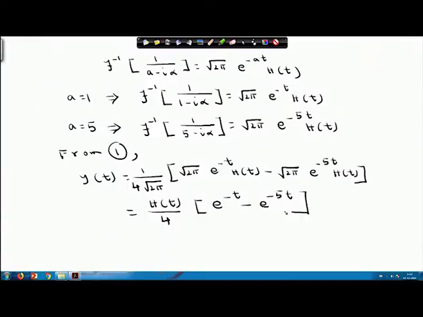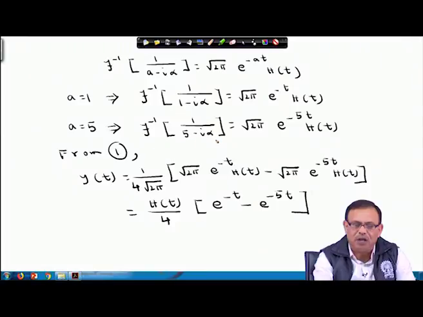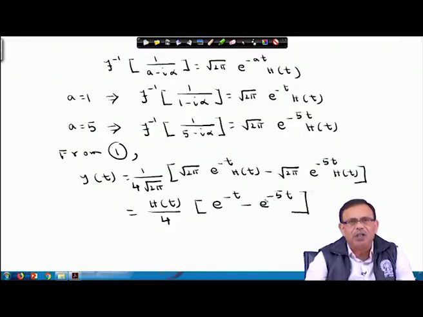Please recall that using this form I am trying to find the Fourier inverse, and once I obtain the Fourier inverse of 1 by (1 - iα) and of 1 by (5 - iα), then I can tell the value of y(t), that is y(t) equals h(t) by 4 into (e^(-t) - e^(-5t)).